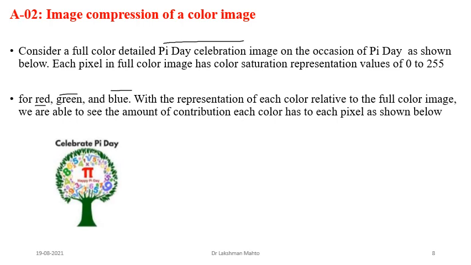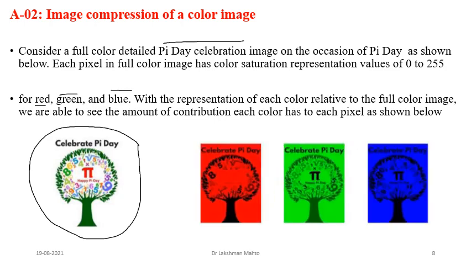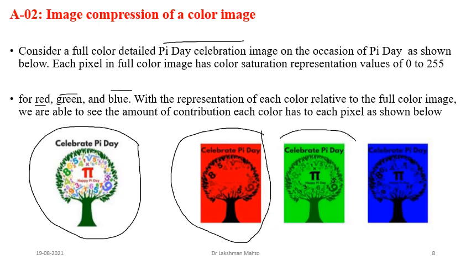This one is the color picture, and it has three elementary colors: red, green, blue. Mixing all these, you got this color picture. But if you look from the perspective of the different colors, this is the red component, the red layer, this is the green layer, and this is the blue layer.